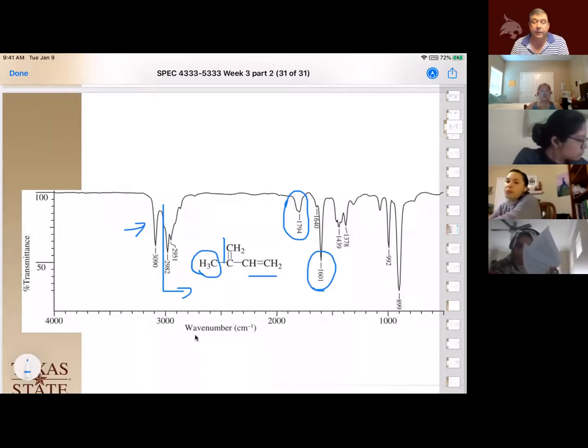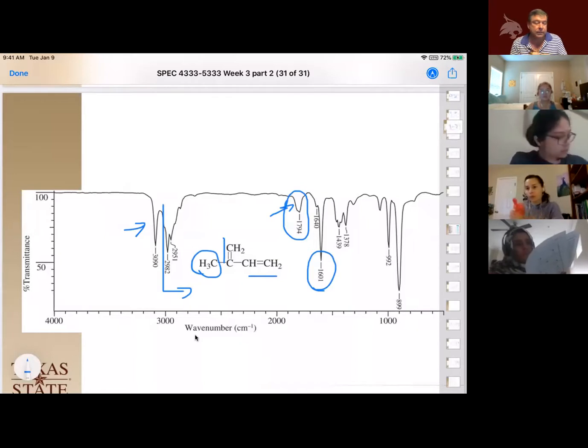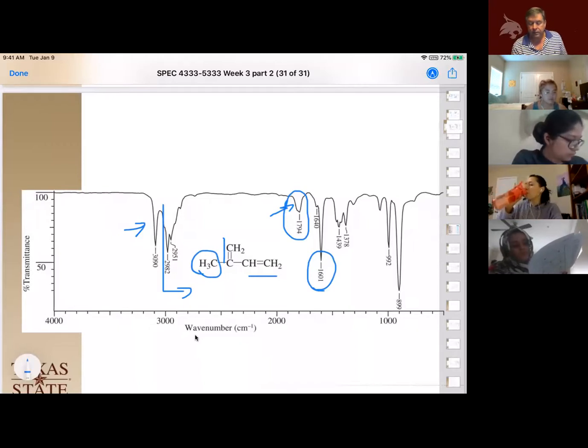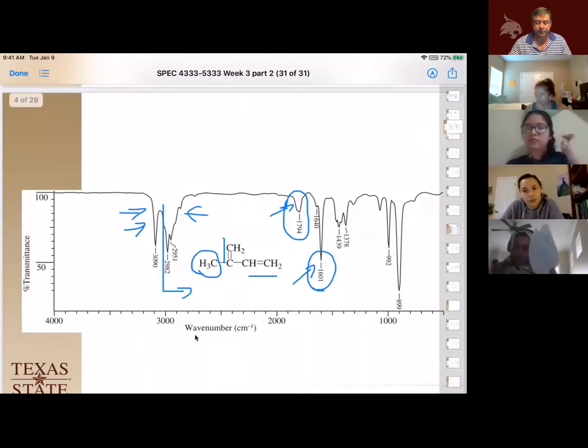In my other book, this peak right here indicated we had a conjugated double bond, basically a double bond, single bond, double bond. Our book does not say that, so, oh well. Okay, so we have our strong carbon-carbon double bond, and we have hydrogens above and below the 3000 mark.